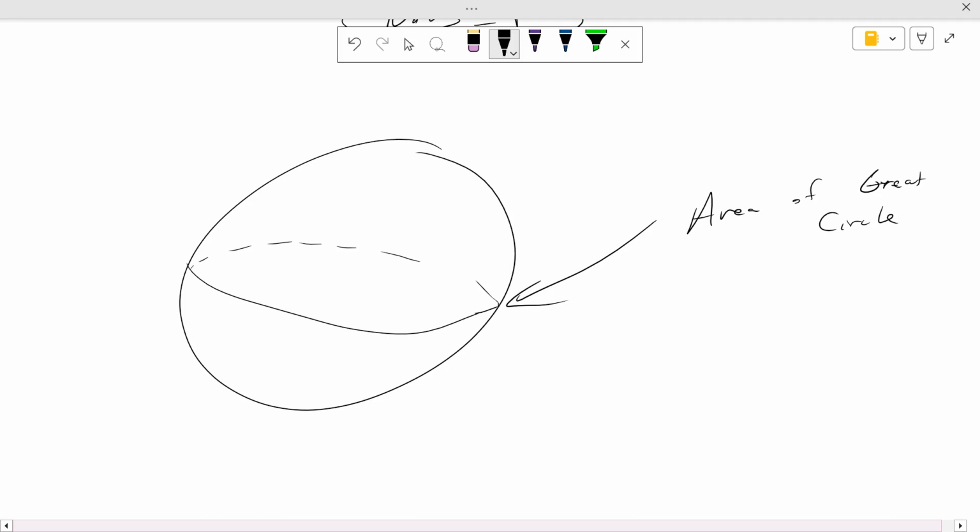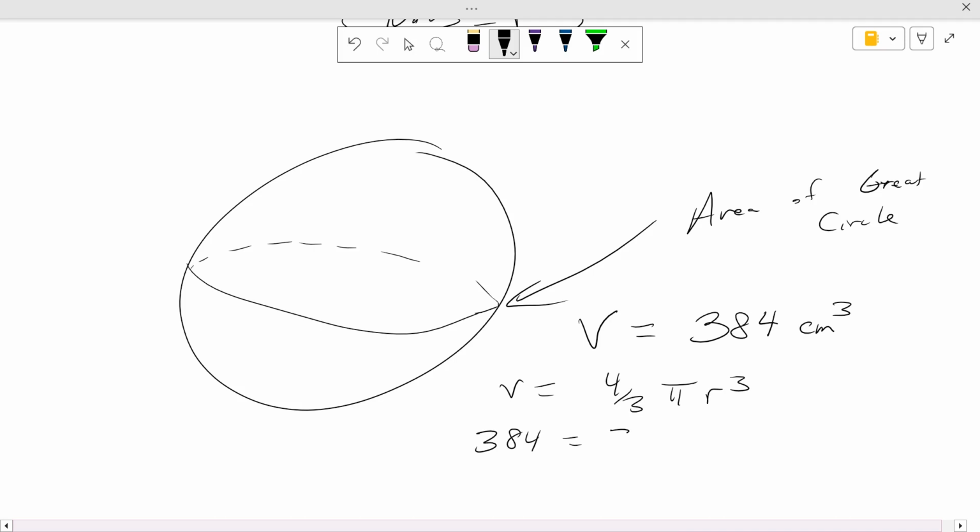What is the area of the circle if the volume of the sphere is 384 centimeters cubed? Well, just like the last problem, we have to set the volume equal to 4/3 pi r cubed and then plug in the numbers where we know.